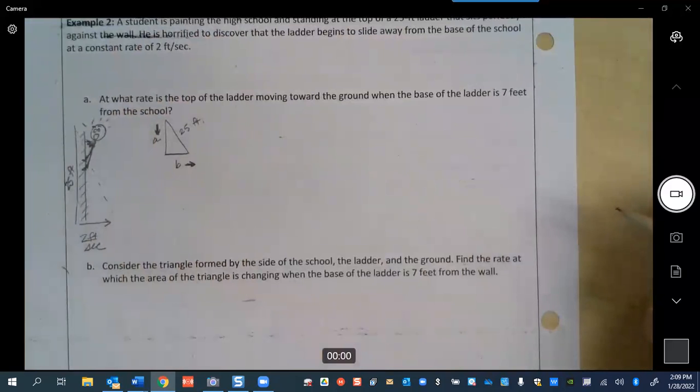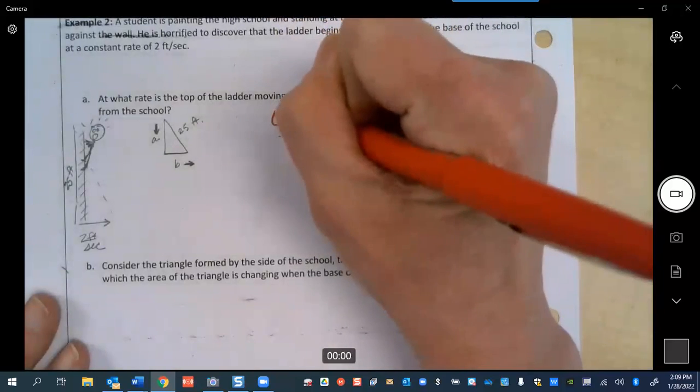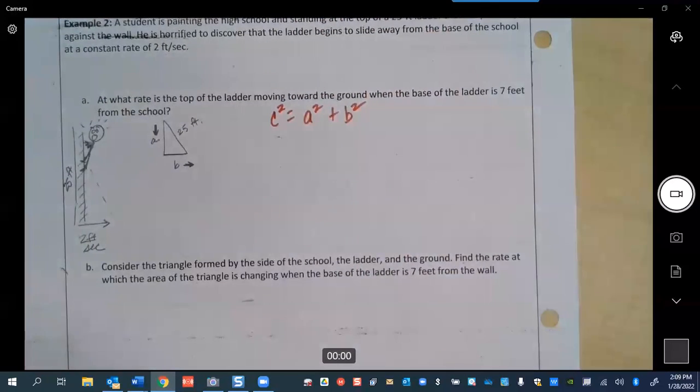So let's talk about what equation relates these variables. Yeah, I heard it. Say it out loud, Stephen. Yeah. So I know that C squared is equal to A squared plus B squared. That's our good old Pythagorean theorem.